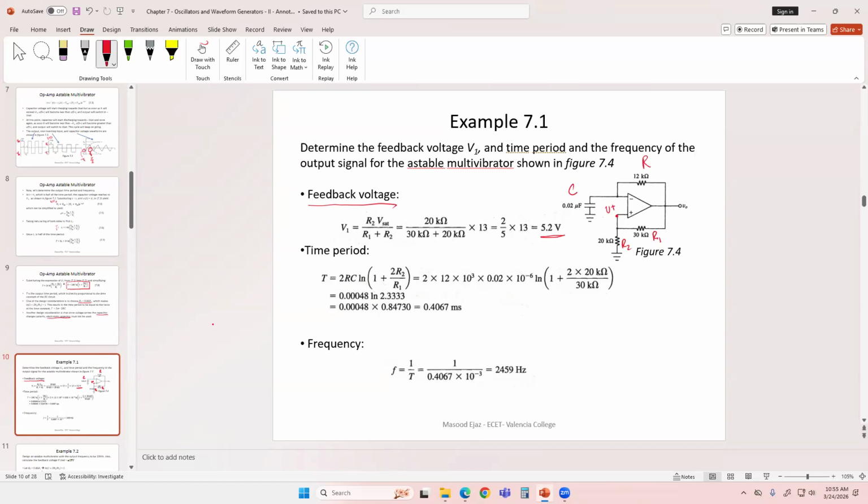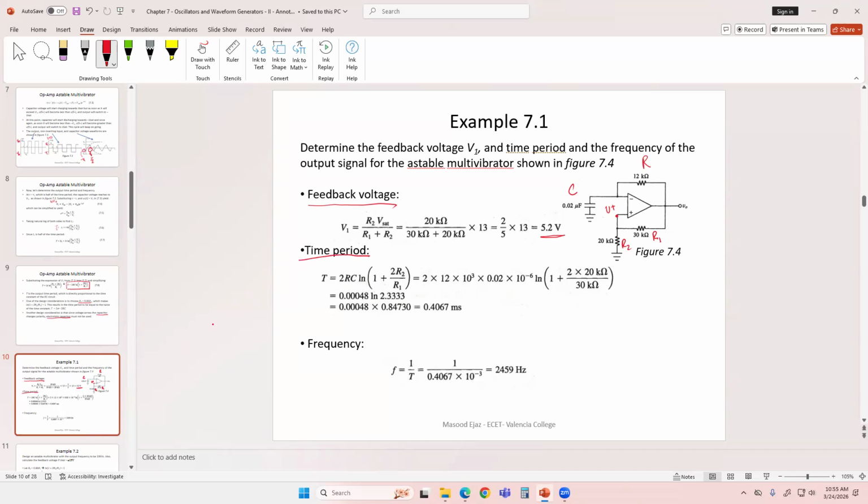So when it is going from negative 5.2 to positive 5.2, as soon as it hits positive 5.2 and exceeds it a little bit, it's going to start discharging towards negative V saturation, but it's not going to hit negative V saturation. It's going to hit negative V1, and then it's going to start charging again. The output will switch from positive V saturation to negative V saturation, and then back to positive V saturation.